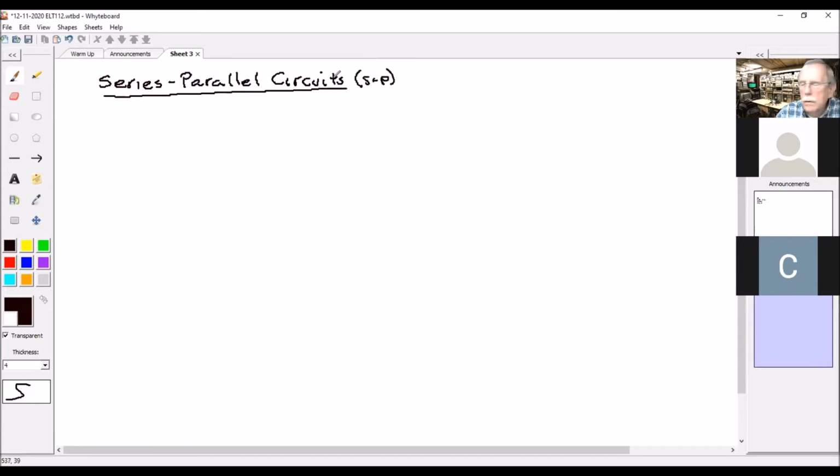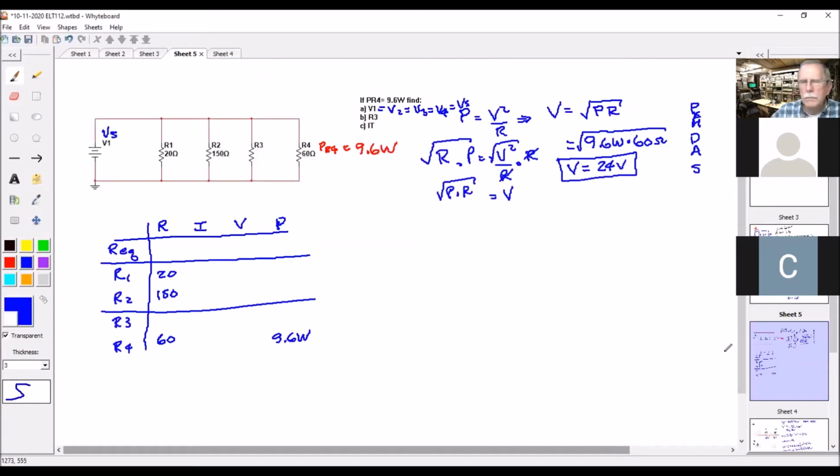Wait, Professor. Are we not finding the R3 and the I sub T for the homework? You can't. You don't have enough information. Let me go back to that a minute. I'll show you why. Like I said, I switched what I was thinking about doing midstream and ended up making the problem impossible to solve. So we figured out that this is 24 volts.